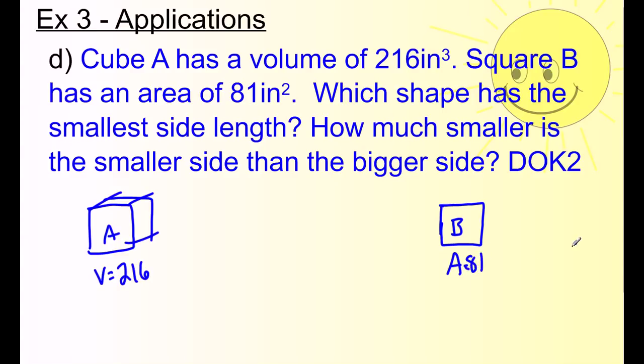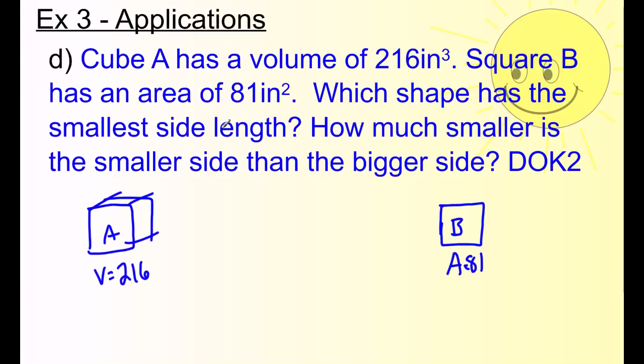By the way, folks, what you see me doing is exactly how I would do the problems if I were taking a test. I would draw the picture, and I haven't even read the rest of the problem yet. But this is what I would do to help me understand what the problem is saying later on. So now I have a good visual understanding of what the problem is talking about. Cube A has a volume of that. Square B has an area of that, just like I've shown.